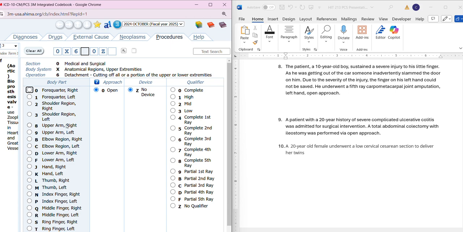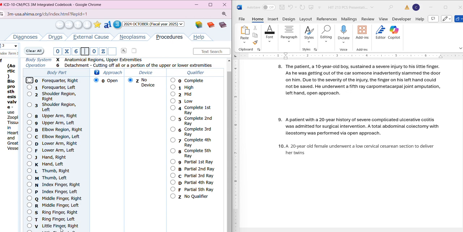All right, and for the body part, looks like it was his little finger on his left hand. So we're gonna scroll down until we find little finger left, and that's gonna be W.